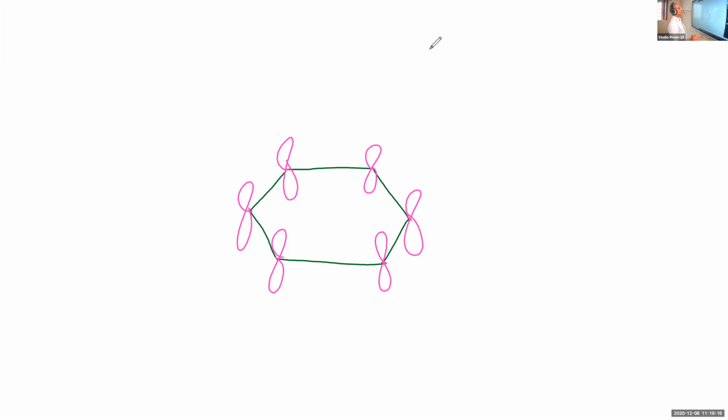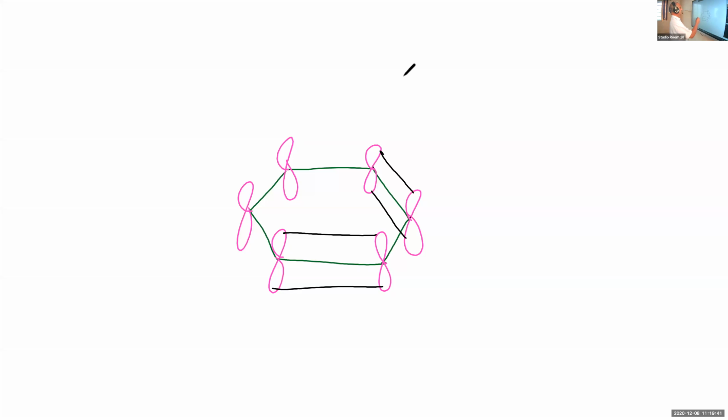When a pi bond is formed between these two, there is a sideways overlap of the two p orbitals shown like this. So the pi bond is between these two carbon atoms. At the same time, here there will be the sideways overlap like this.